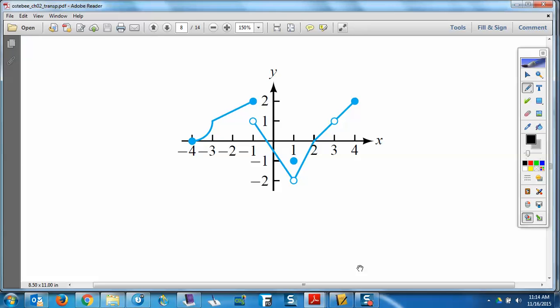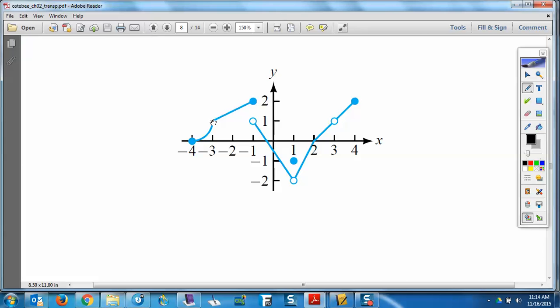For 27, I would put this in the easier category. You're given a graph, and it says find the limit as x approaches -4 from the right. That would be 0, the y value the car is coming in at. As x approaches -3, there's a sharp point there. That doesn't matter when we're talking about limits.